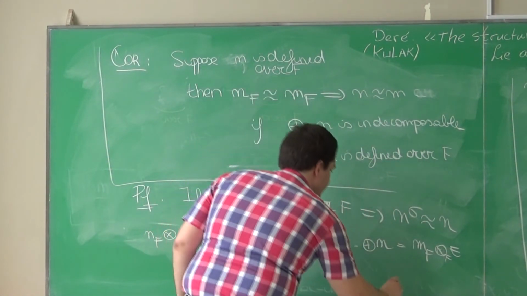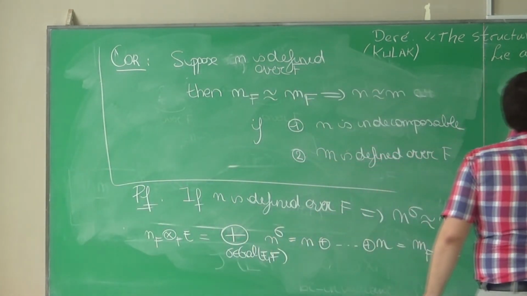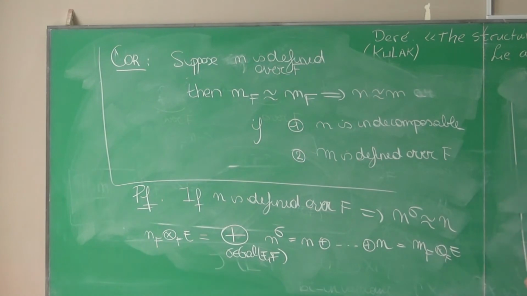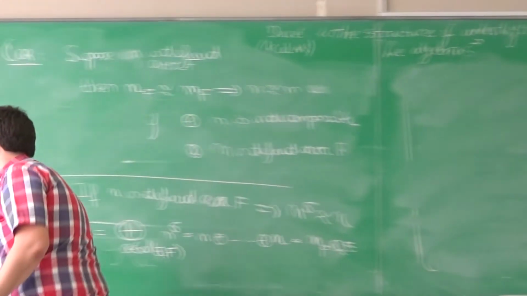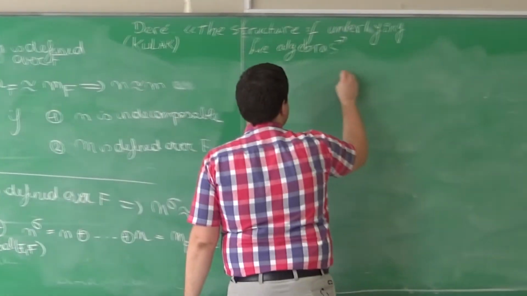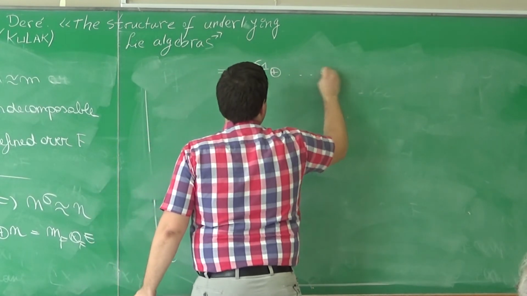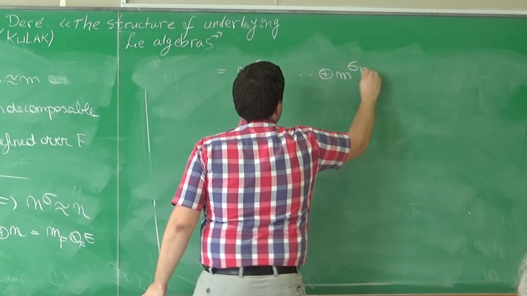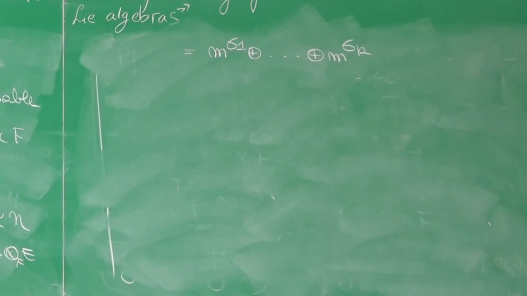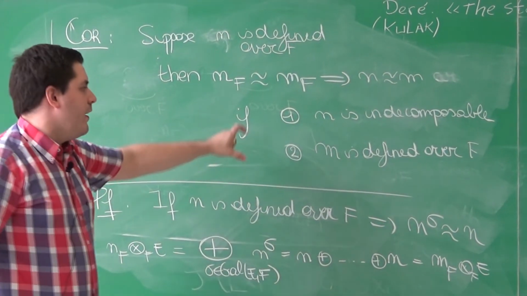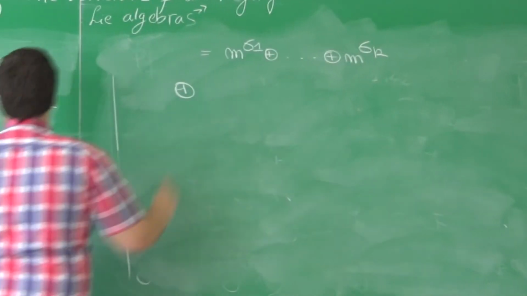And so if you do the same thing for m, I will rewrite it here. You have the same direct sum, but with conjugates of n. Okay. And so I have two assumptions. I have either the first or the second. Let's start with the first.